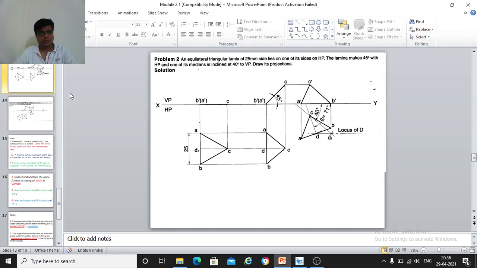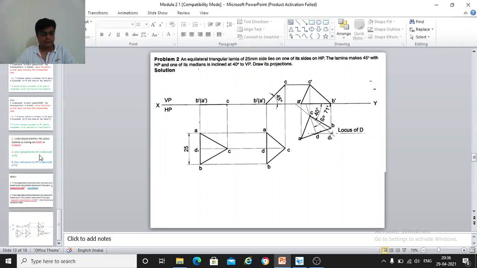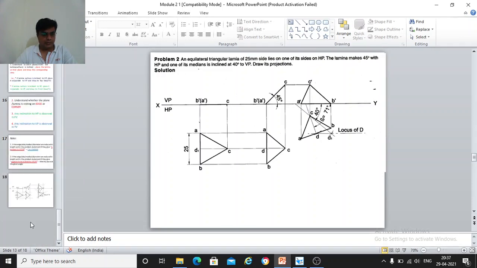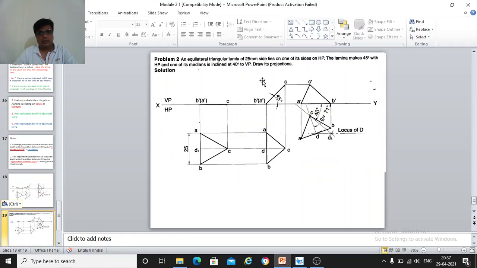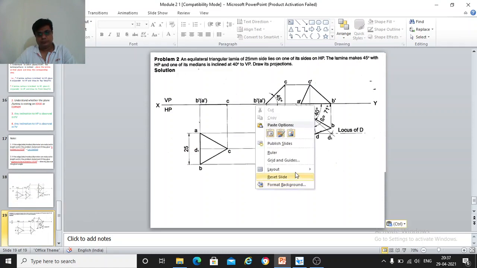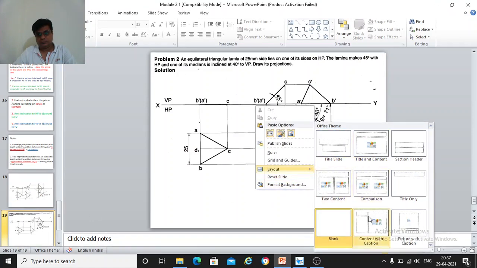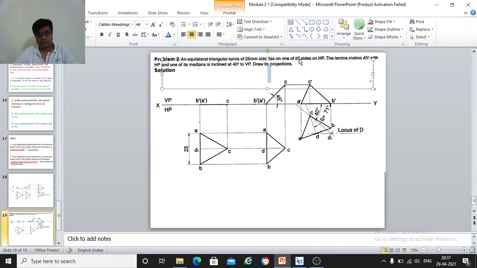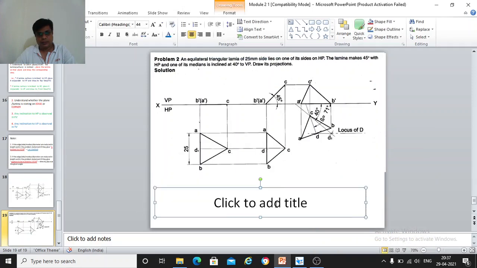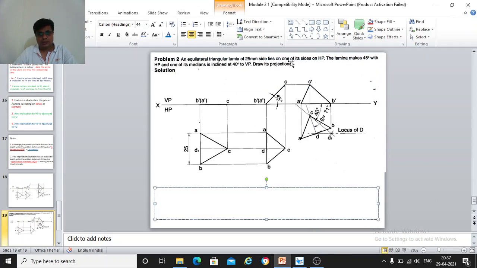I'll just copy this and add it here. The same problem I have taken, and I will only change this last sentence.